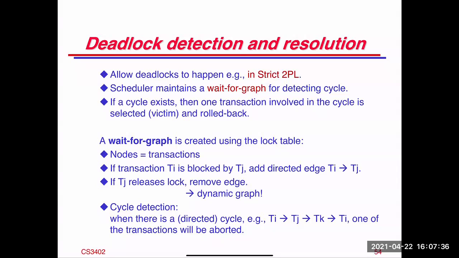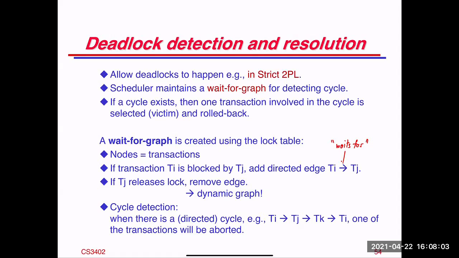If a transaction Ti is blocked by a transaction Tj, then we're adding a directed edge from Ti to Tj. You can read this edge as saying that Ti waits for Tj. That's the meaning of an edge in the wait for graph. That's where it got its name from.